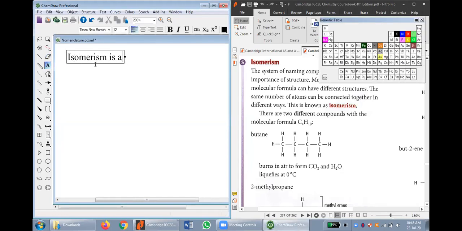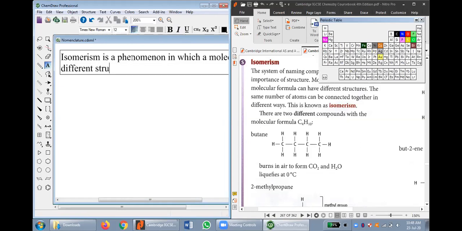Isomerism is a phenomenon in which a molecule has the same molecular formula but different structural formula.